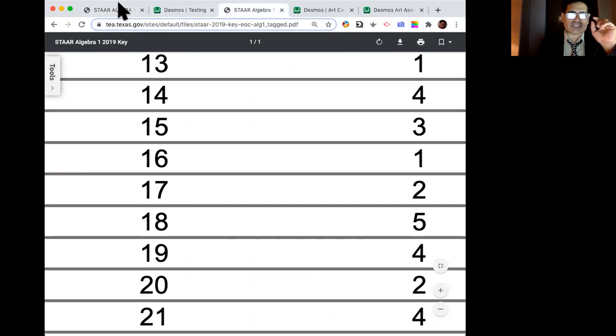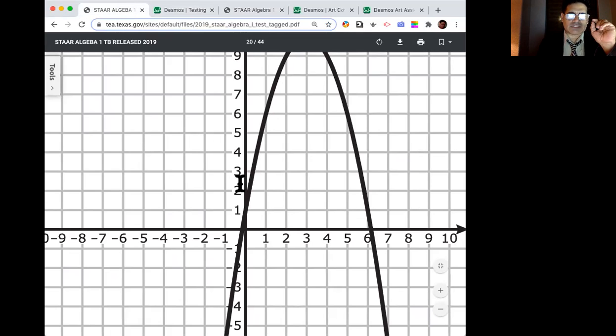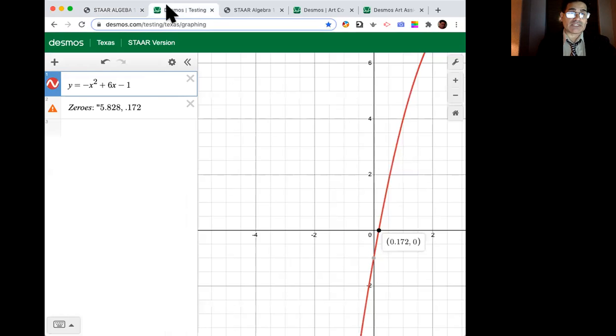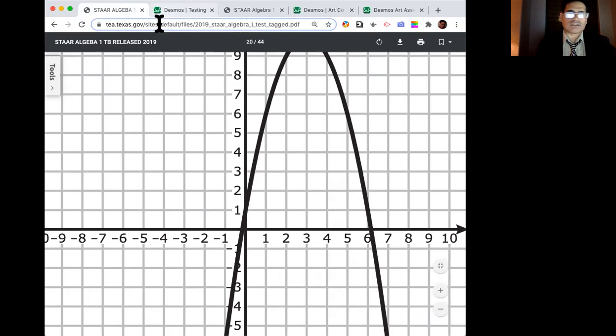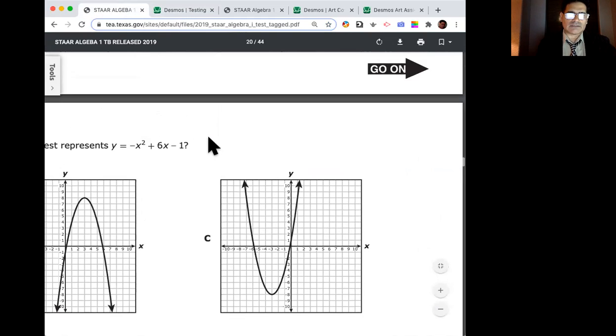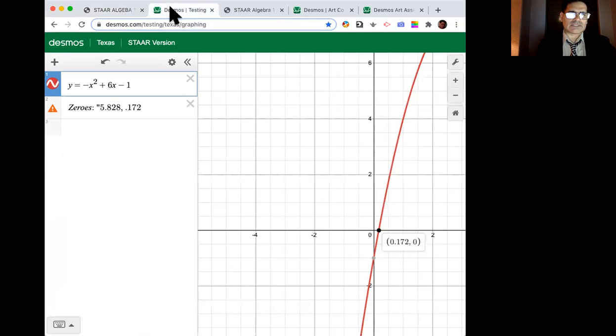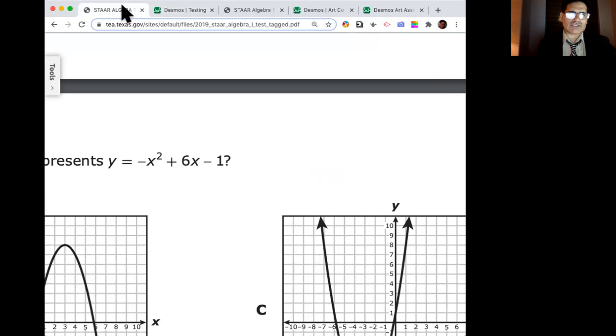So all of a sudden it's not as straightforward, is it? Okay. So let's make sure we typed it correctly. Okay. Minus x squared plus 6x minus 1.